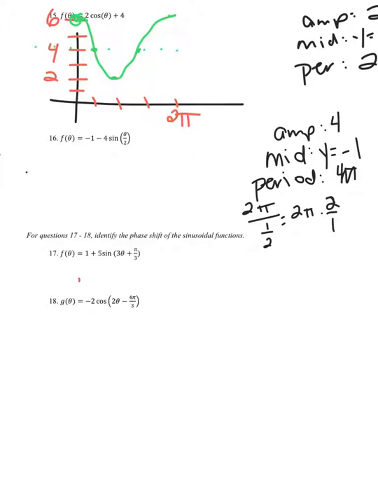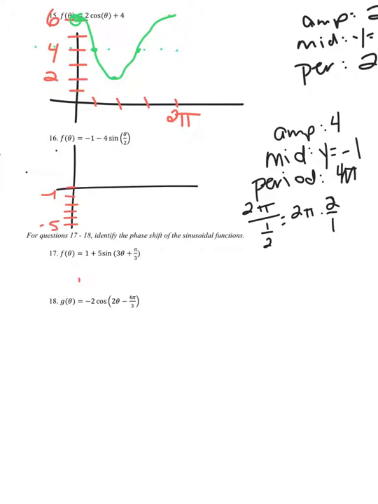So when I go to graph it, I need to draw my midline down at -1, then I'm going down another 4. So 1, 2, 3, 4 is -5.